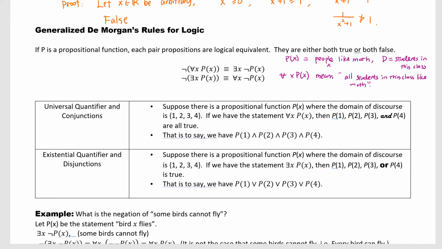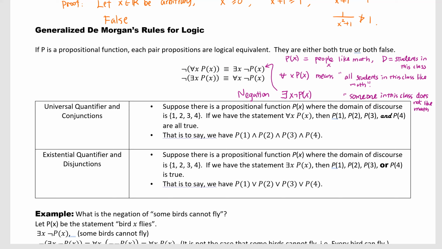So the negation is someone in this class does not like math. Someone is like there exists x such that not P of x. So you can see this is the negation of for all x, P of x.